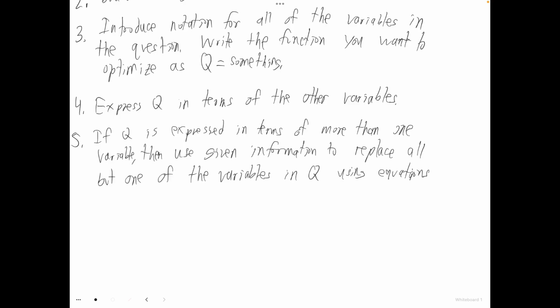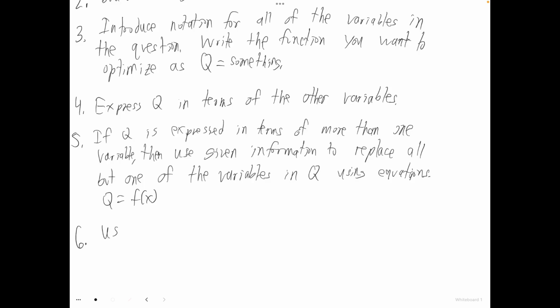And so we did this in related rates problems as well. Basically this is saying we're trying to get rid of all of the variables other than one of them. And so we want to make Q just be some function, Q equals f of x, say, where we're going to write all of the other variables in terms of x using the information given in the problem.